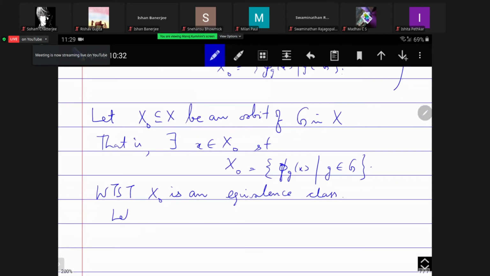So let x1 be a point inside X0. Then, by definition, x is related to x1, because x1 is of the form phi g of x for some g in G. Sorry, I need to consider two elements. Let me write.